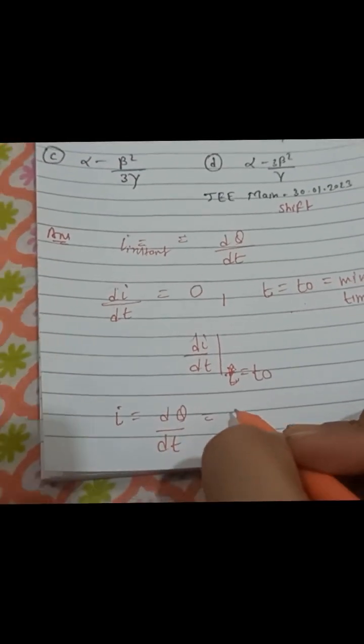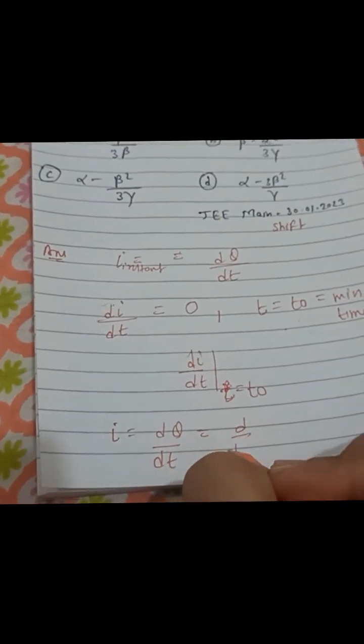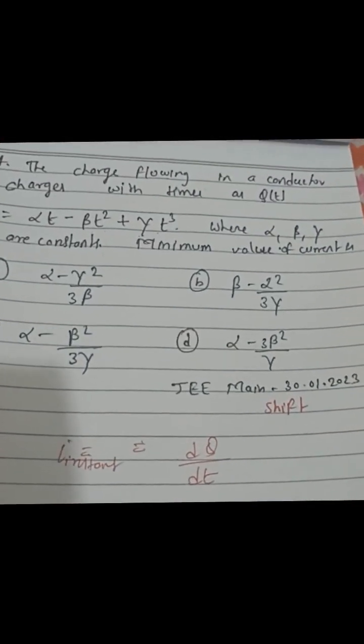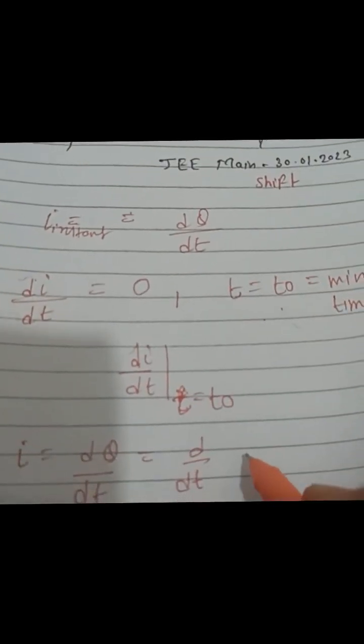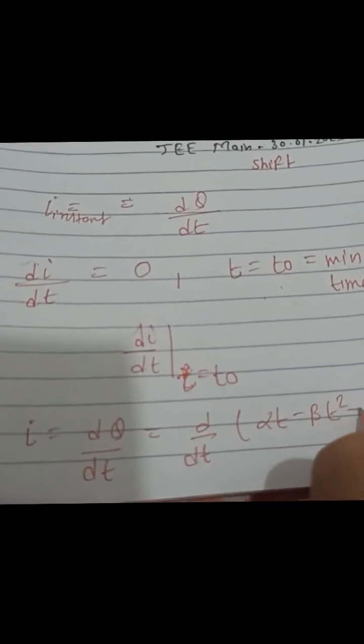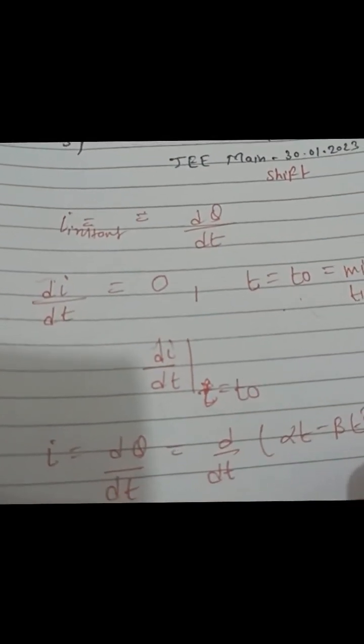Here q is given. What is q? q is alpha t minus beta t square plus gamma t cube.